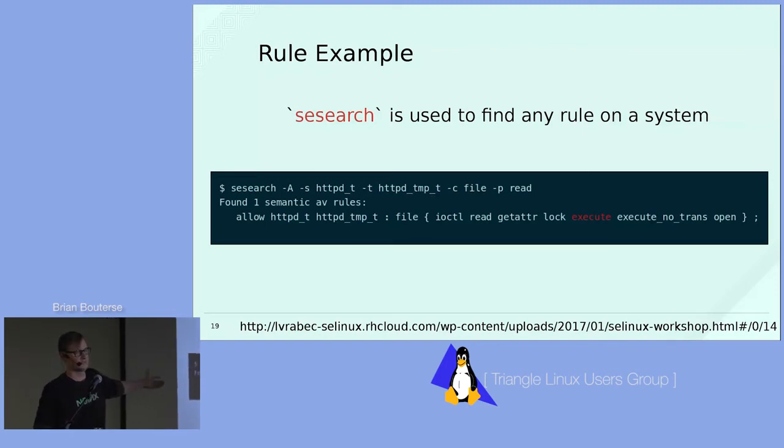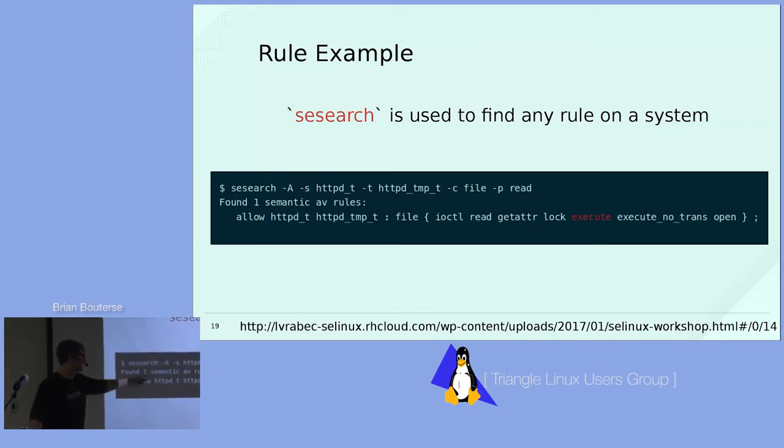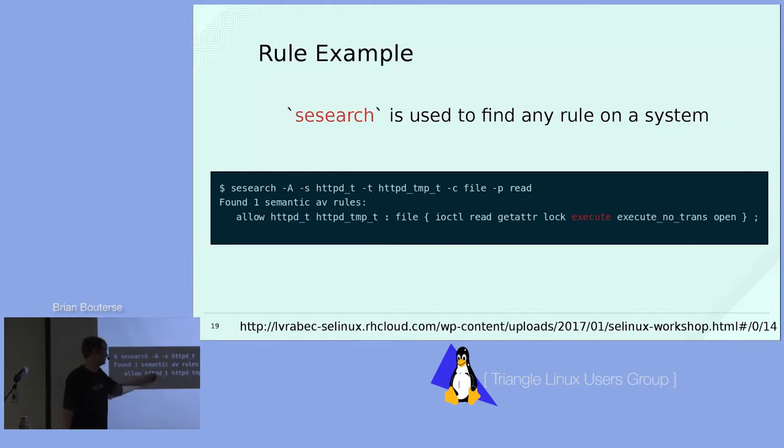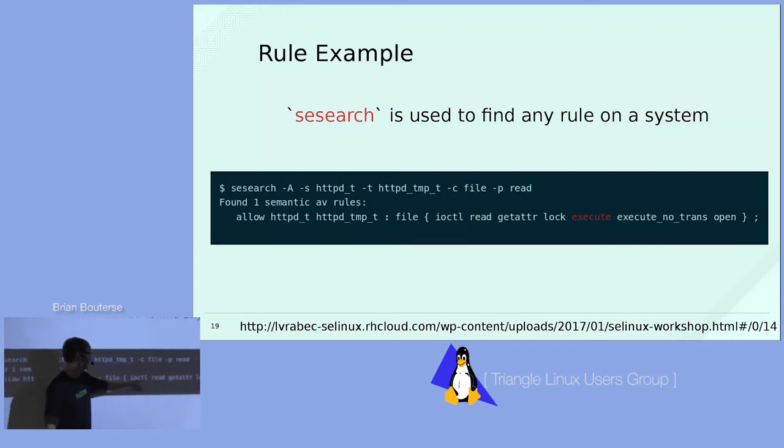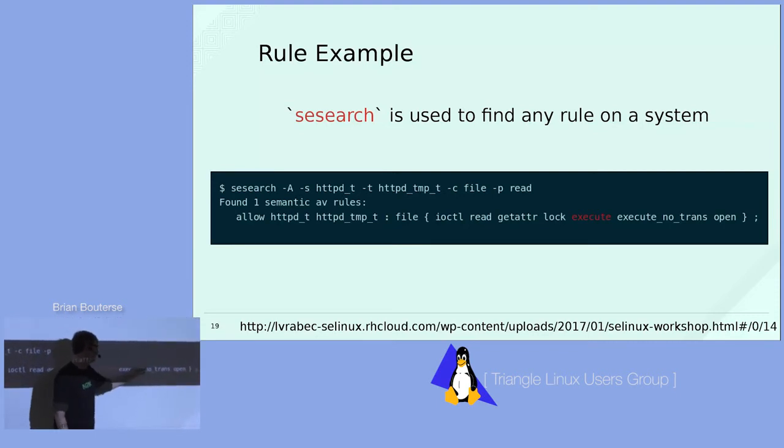And you can see here, they're both real examples, but it says allow httpd_t. That would be the HTTPD process, which when you're running with SELinux becomes httpd_t. Allow the process with that label to do all these things: ioctl, read, getattr, lock, execute, execute_no_trans, which we'll talk about later, and open.